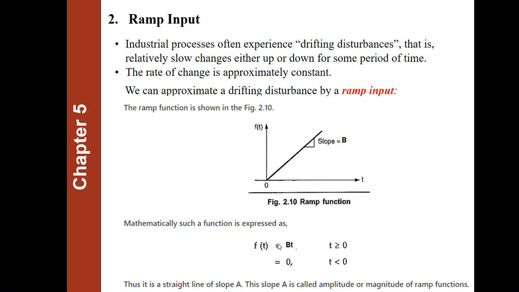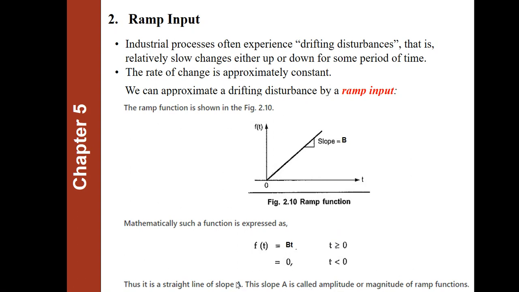So if you already have in mind the step forcing function equation, its Laplace and its graphical representation, add to that the equation for the ramp and its graphical representation. Now what you have here is a straight line of slope b. This slope b is called the amplitude or the magnitude of the ramp function.